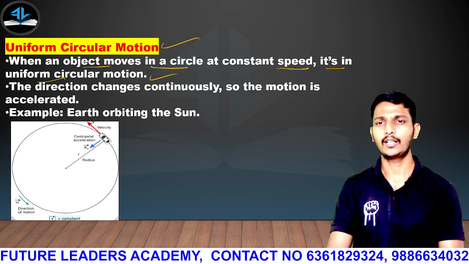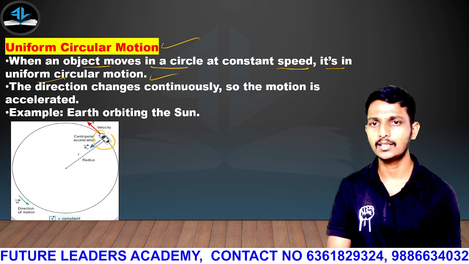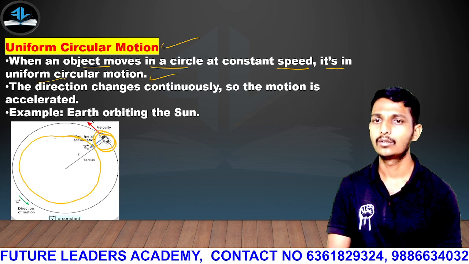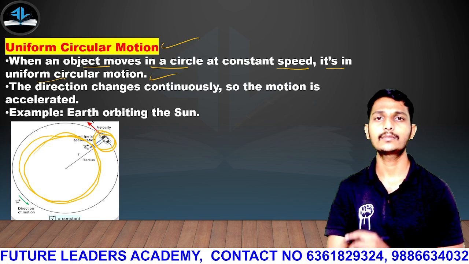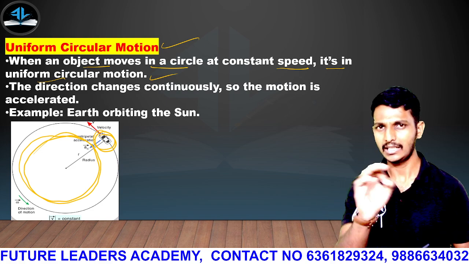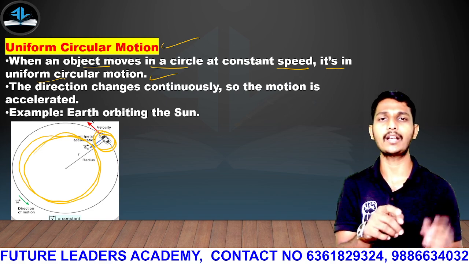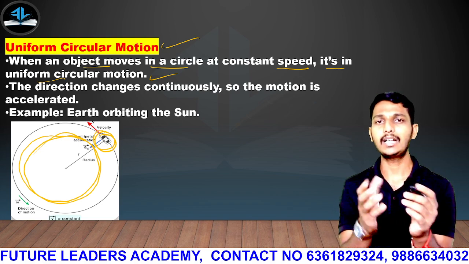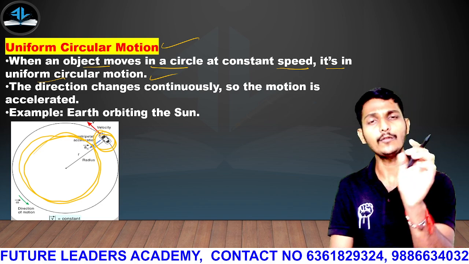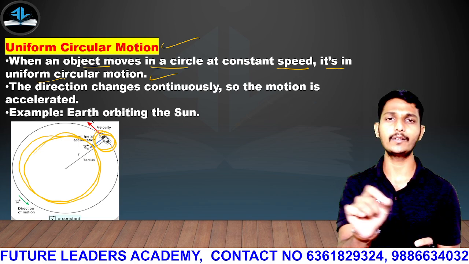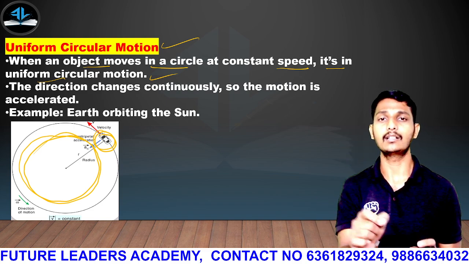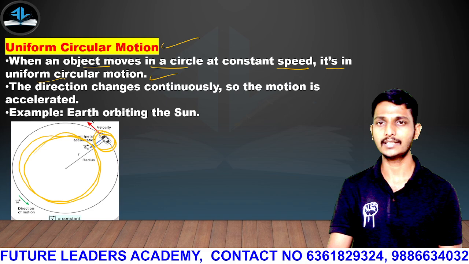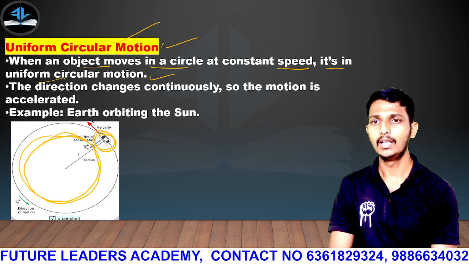For example, if this car is moving with the same speed in a circle, we can say uniform circular motion, in a circular path only. What is circular motion? An object moving in a circular path. Uniform circular motion means the object is moving at a constant speed in a circle. That we can say is circular motion or uniform circular motion.